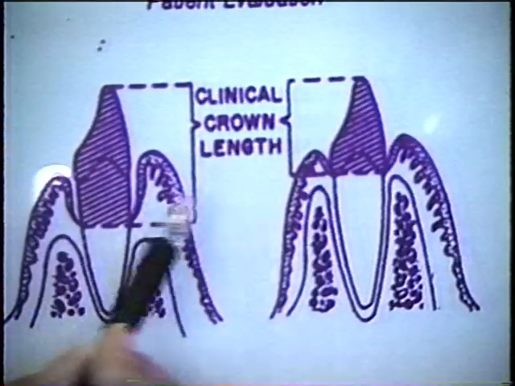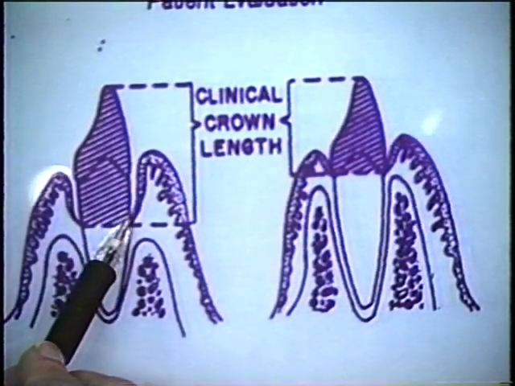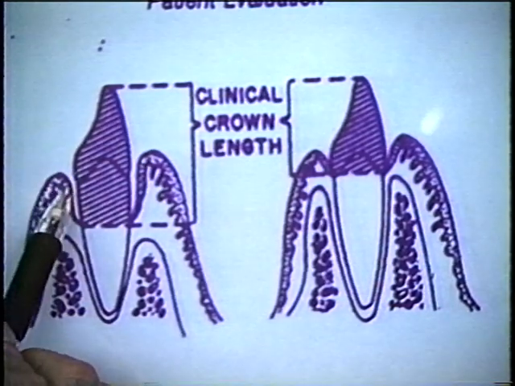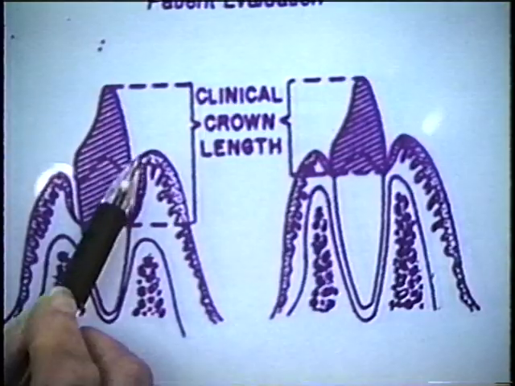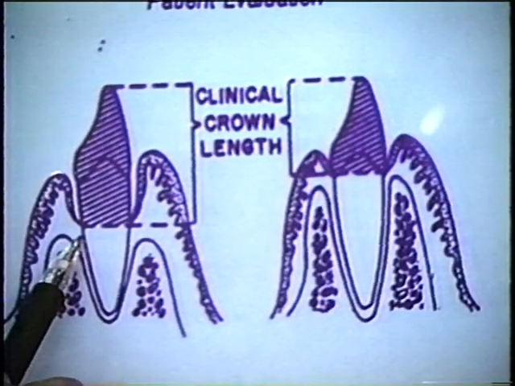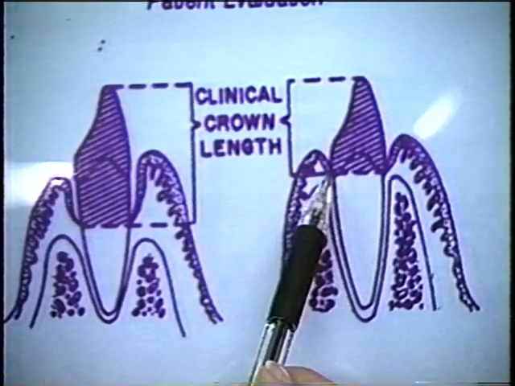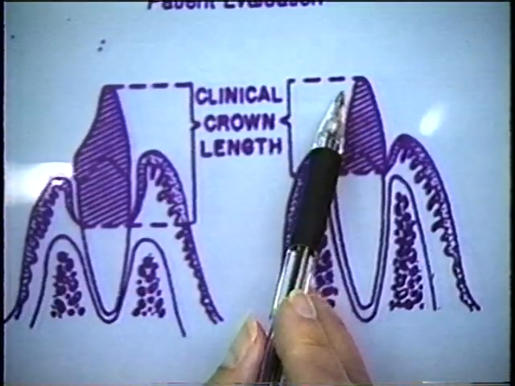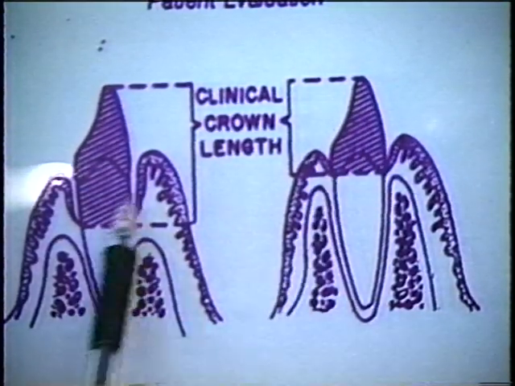If you have gum tissue receding way down here on the root, what you can see is considered the clinical crown, not the anatomical crown. This is also the anatomical and the clinical crown. Does that make sense?